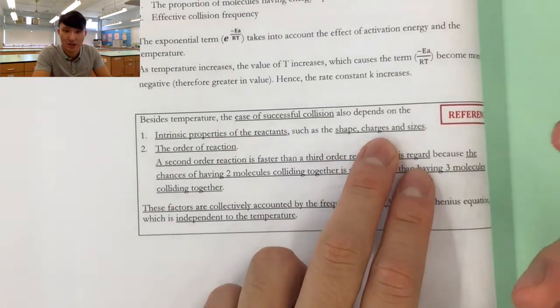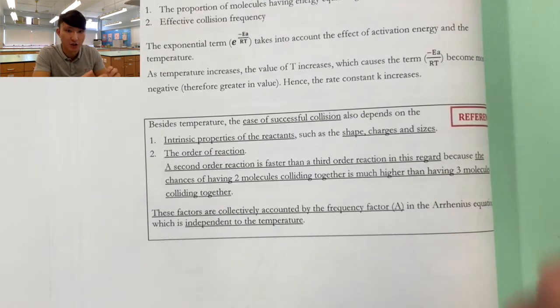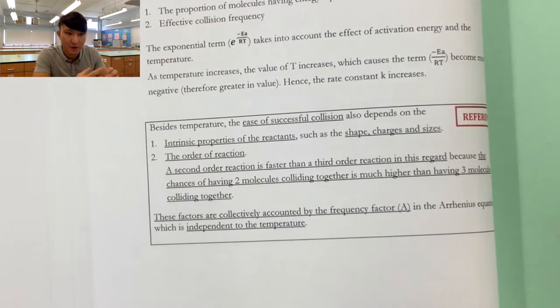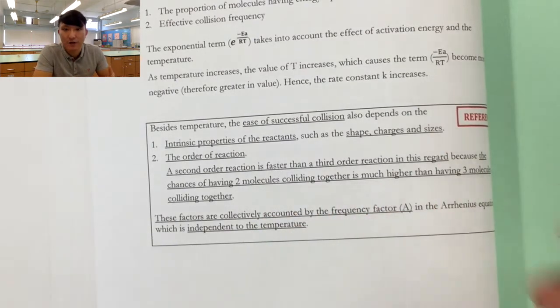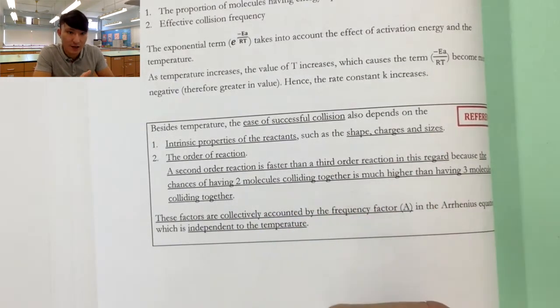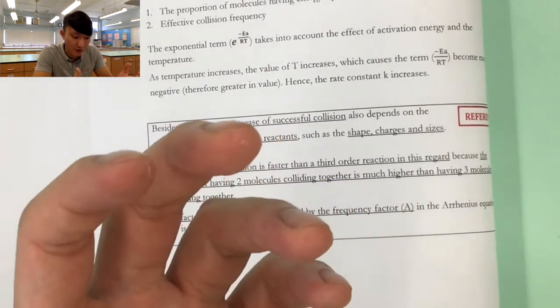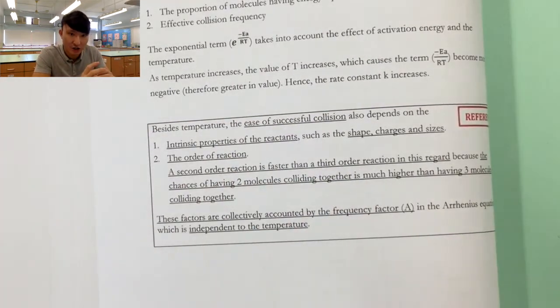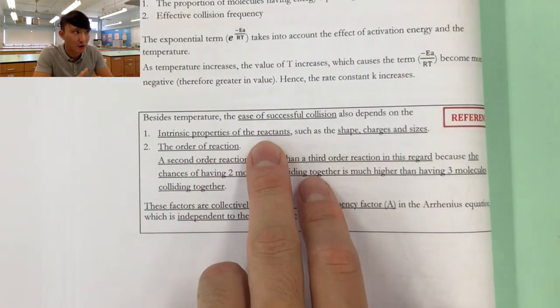Also related to the charges, right? Because very often the substrate and the active sites are oppositely charged, and therefore they can be attracted easily. And of course it depends on the differential charges of the active sites as well as the substrate, so it also kind of determines whether they can bind onto each other easily or not. So all of these are intrinsic properties, okay, of the reactants.